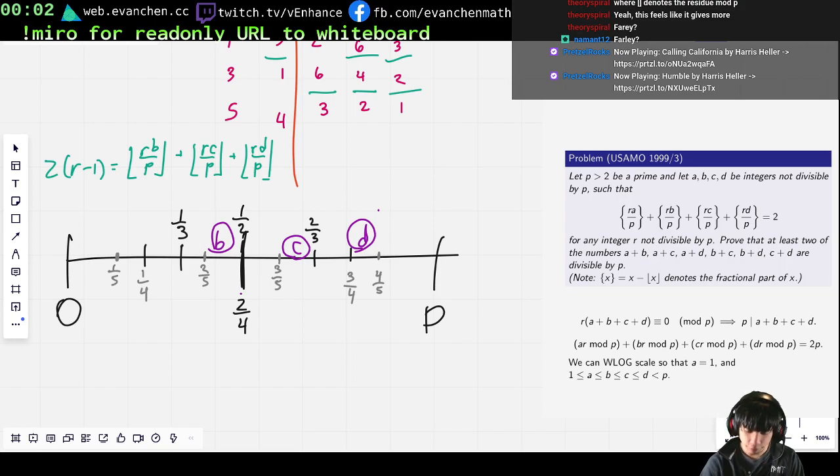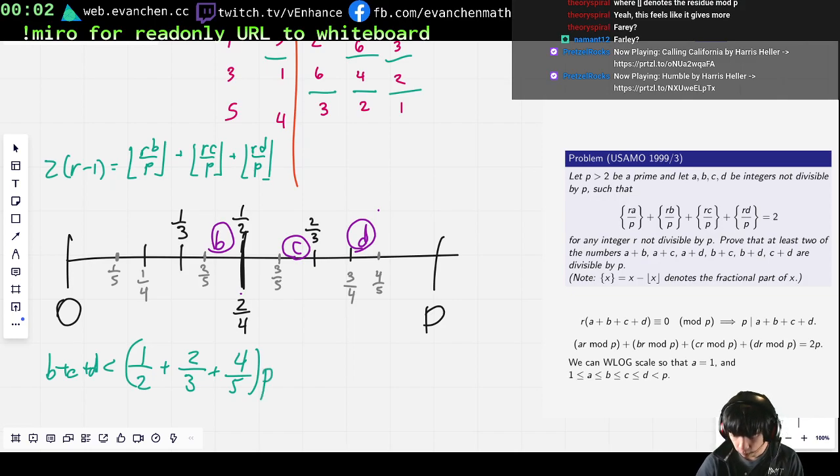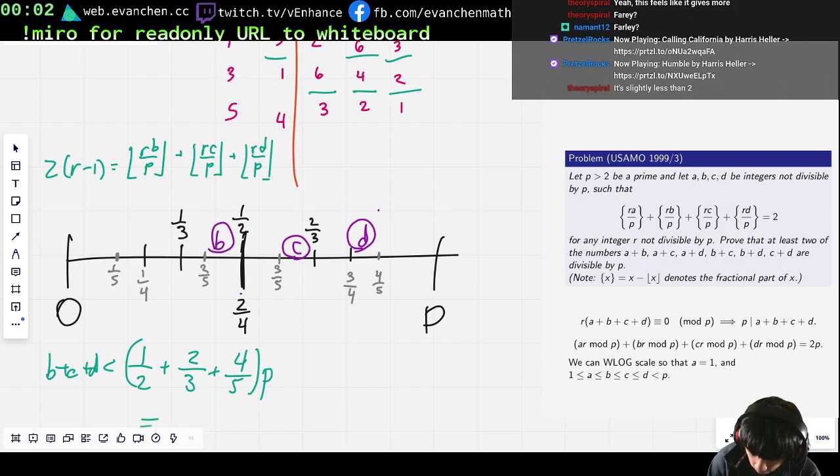Wait, is 1/2 plus 2/3 plus 4/5 just straight up too small? So what is this sum equal to? 8/15ths plus a half. So like 30, no it's not.